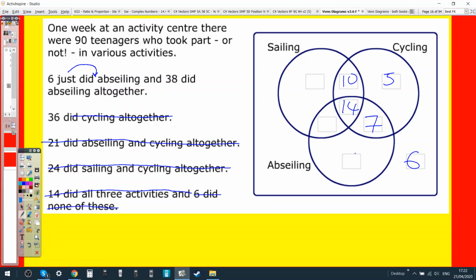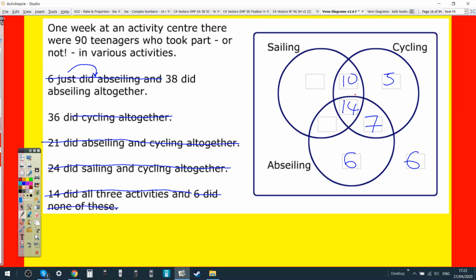Yeah, so this one is 6, meaning they did abseiling and just abseiling. And then 38 did abseiling altogether. 38 people if you added them all up.